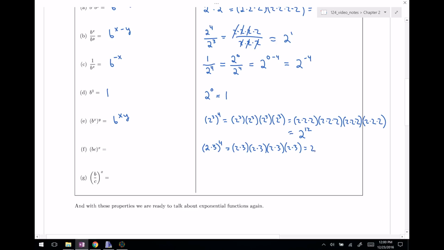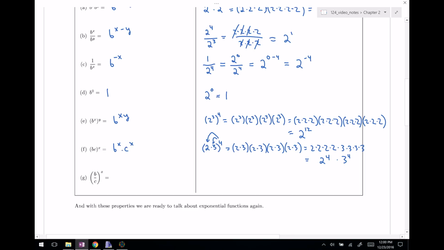So I'm going to group all the 2's together, and then I'm going to group all of the 3's together. And I can recognize that this is 2 to the 4th power, and this is 3 to the 4th power. So this is saying that you can essentially distribute this exponent here, this 4, to the 2 and the 3, and that works out. This is a legal move. So this is b to the x and c to the x multiplied together.